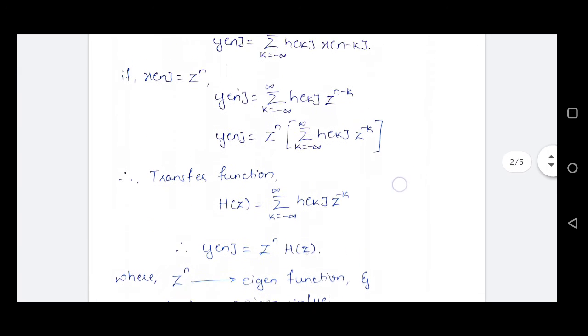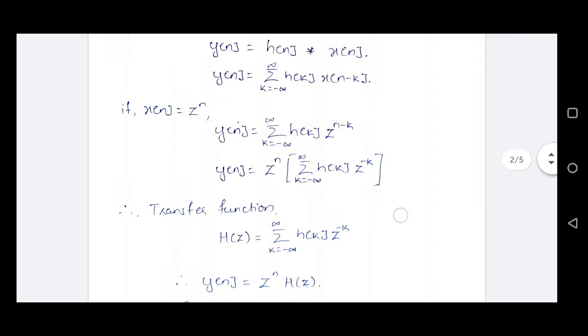If you look at these two input output relations, convolution is the output of a linear time invariant system in the time domain. If we use transfer function to obtain the output, then the output will be multiplication of the input signal with the transfer function H of z.